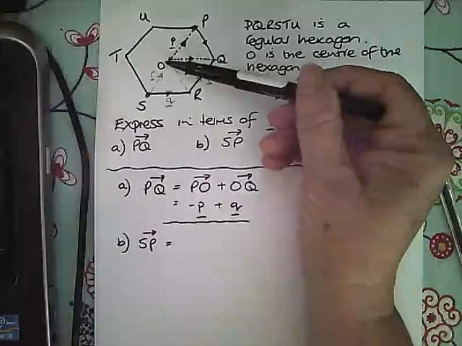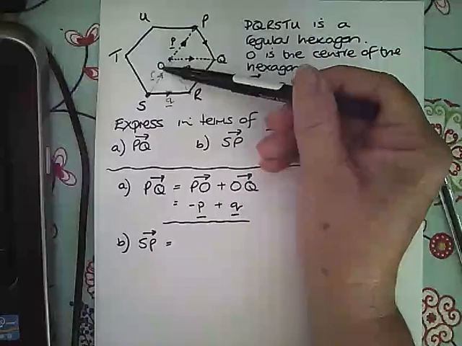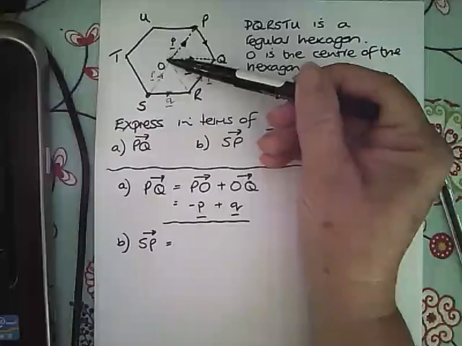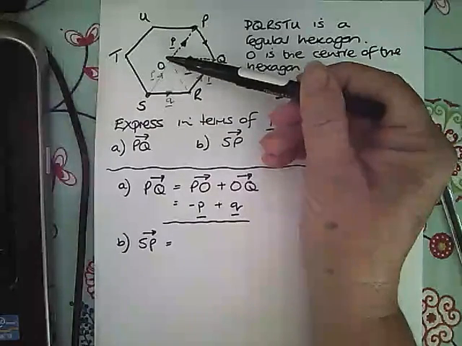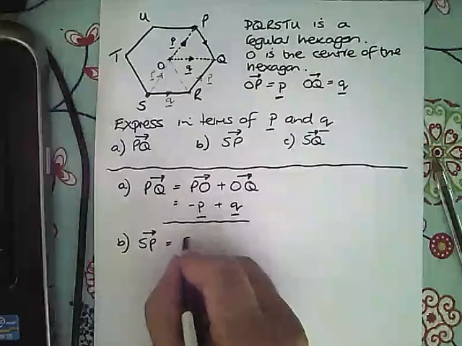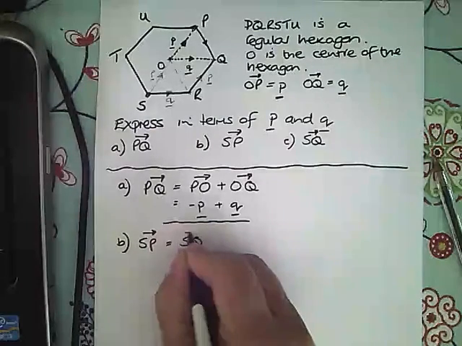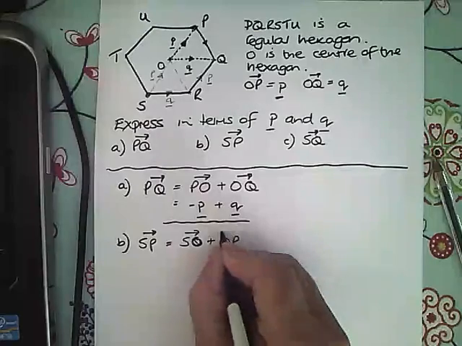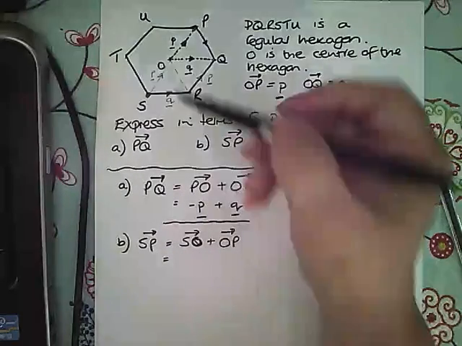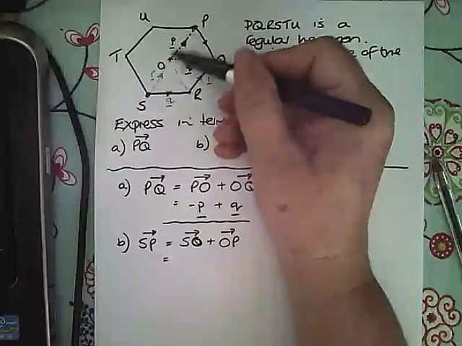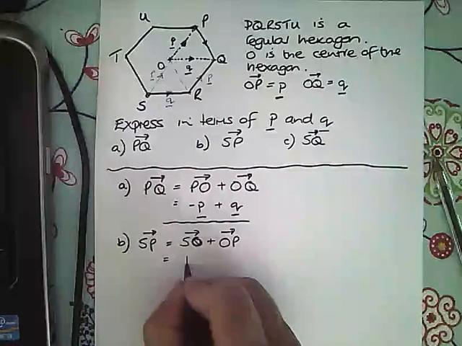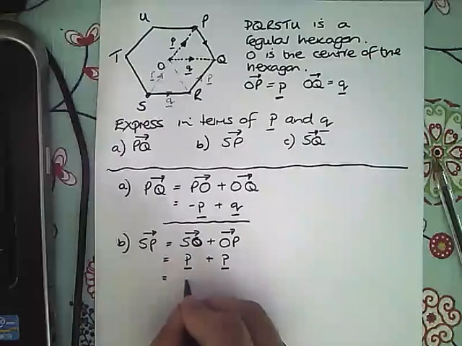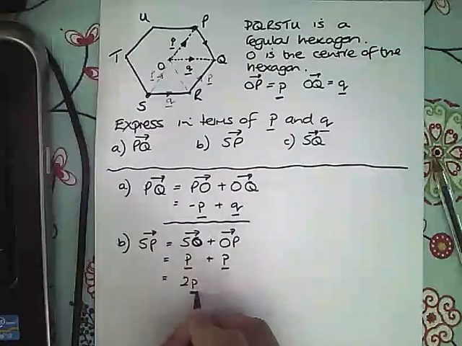I could just work out, because I know that these equilateral triangles are all the same, I go from S to O and from O to P. S to O is the same as this, it's the same distance, same direction, so it's a P, and O to P is a P, so that would just be 2 lots of P.